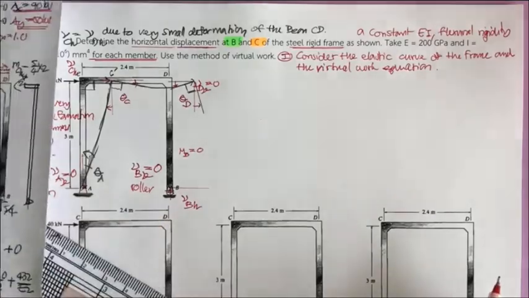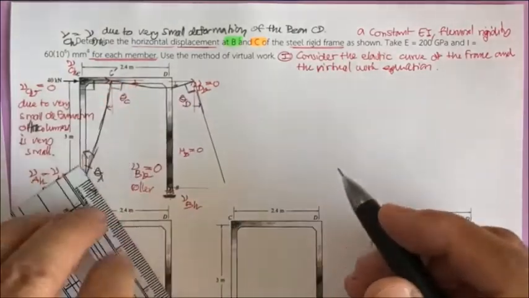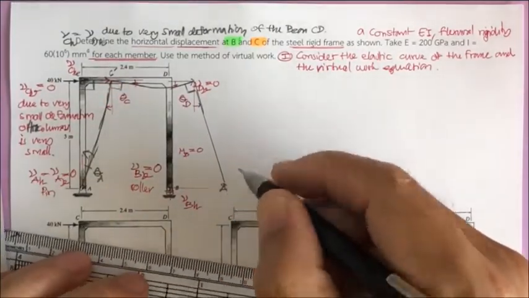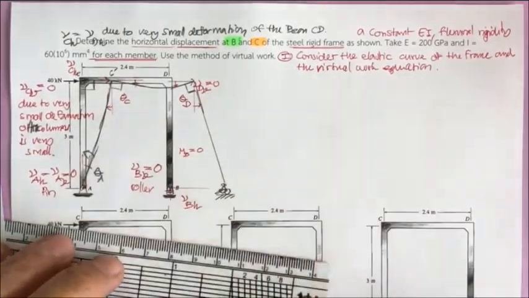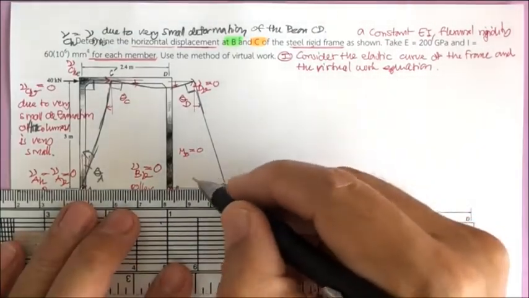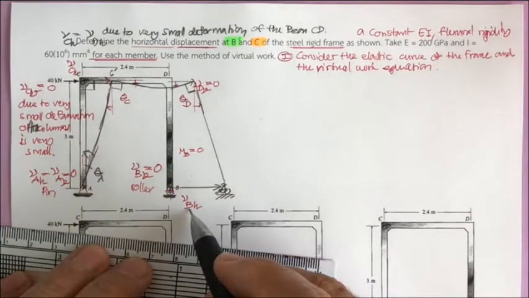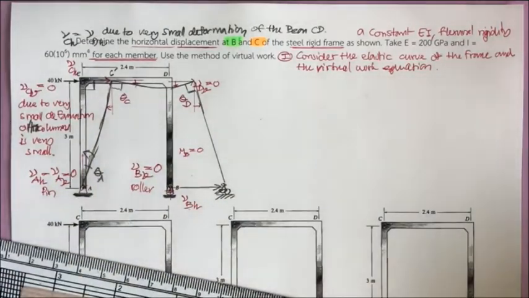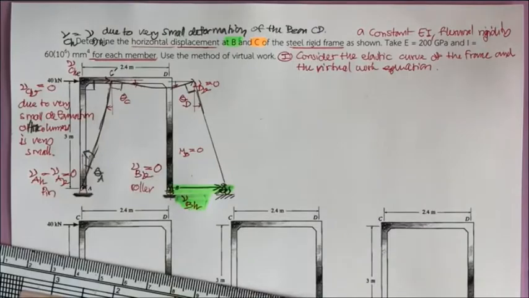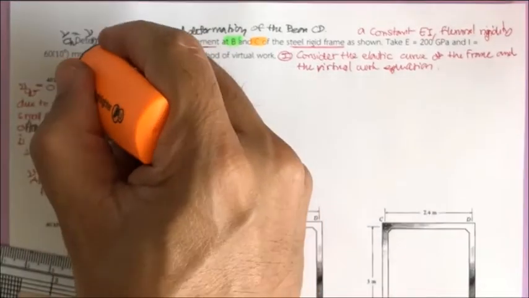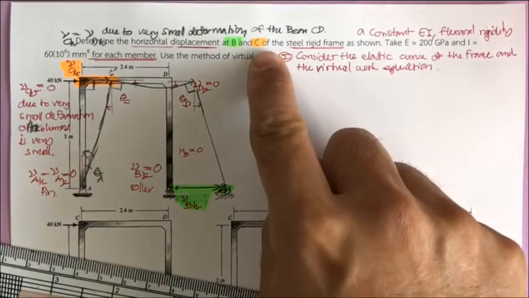So this is going to be a straight line, with the displacement of the column BD like this. Based on what we have, we are going to determine this V sub B horizontal and this V sub C horizontal, based on what they are asking us here.